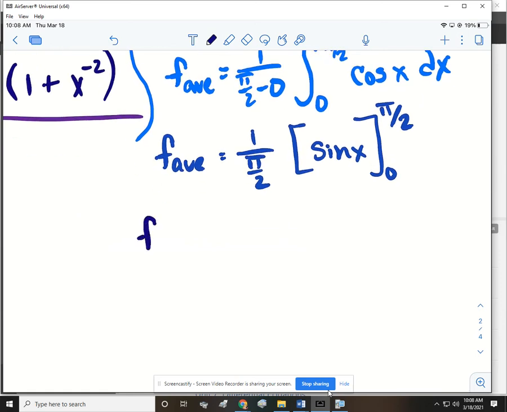All right, so then 1 over pi over 2 is the same as 2 over pi. All right, and then I'm going to plug in my pi over 2 and plug in my 0.